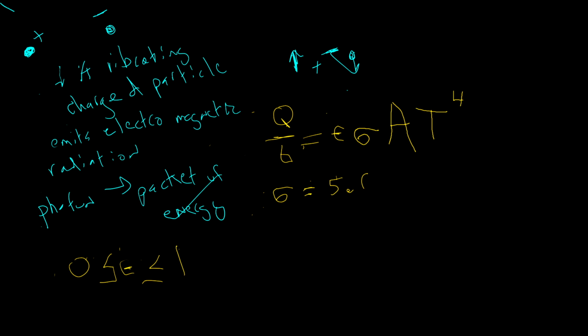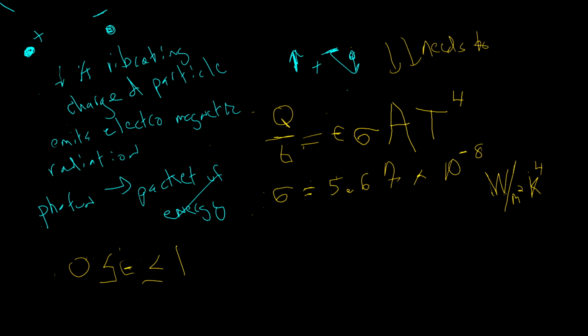But I'll give you the Stefan Boltzmann constant: 5.67 times 10 to the negative 8 watts. That's how much energy is being transmitted, because watts is joules per unit time, and so Q over t will be in watts per meter squared Kelvin to the 4th. When you do radiation, this needs to be in Kelvin.